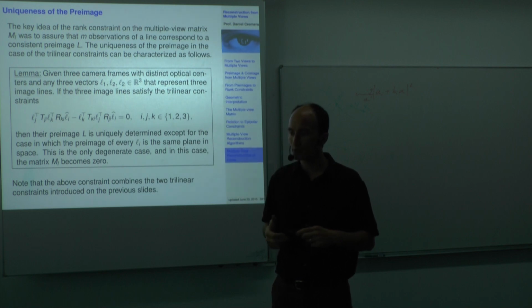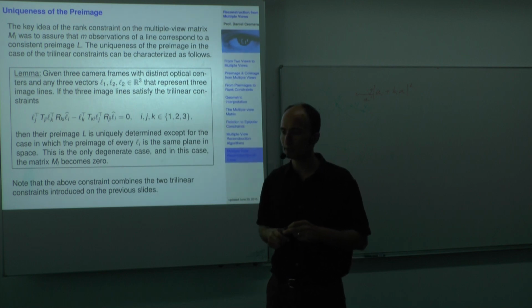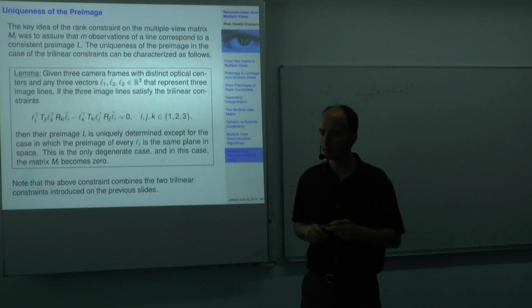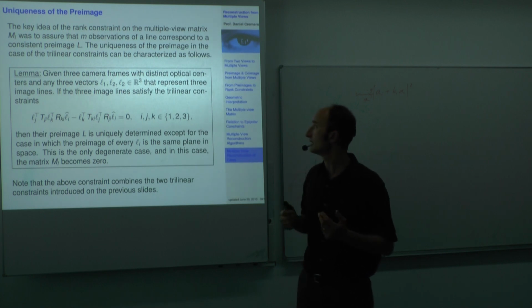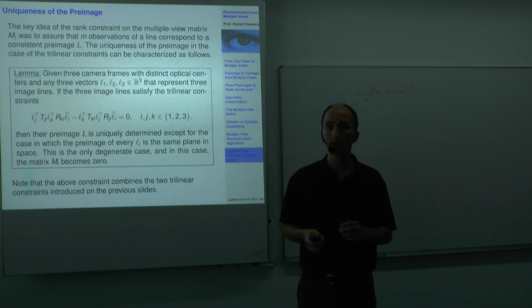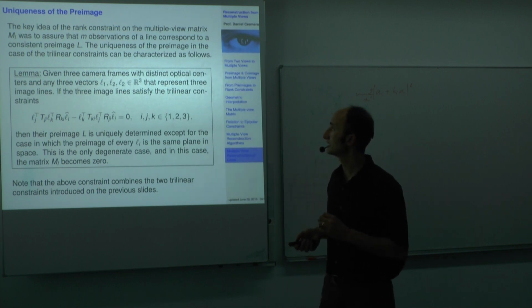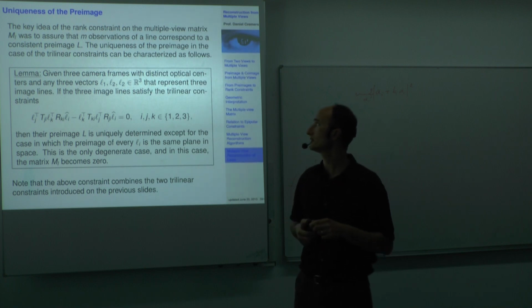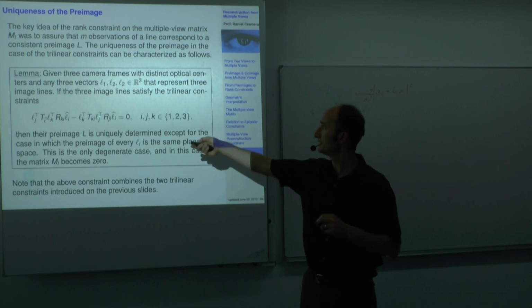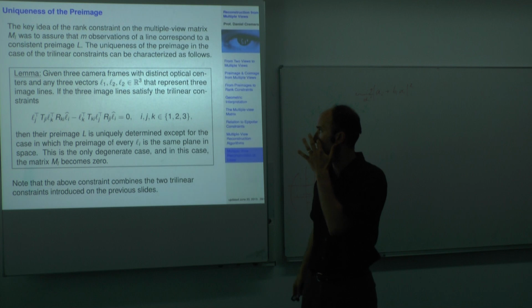So the idea was to construct these multiple view matrices for m observations of the line, and to use that rank constraint to assure that there is a reconstruction. We showed that the multiview constraint is equivalent to trilinear constraints, and in fact this is the set of trilinear constraints that it is equivalent to.